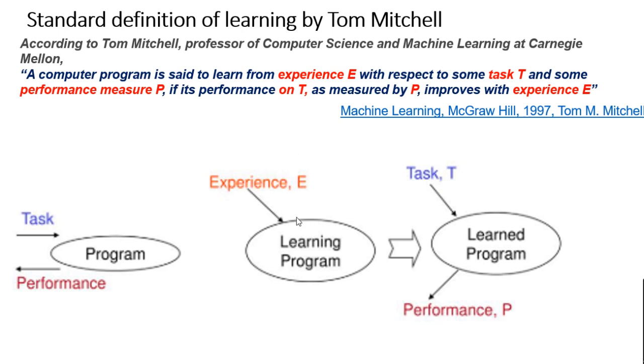So that means as the experience improves on the task T, definitely the performance P is going to improve. So that is what this says. In simple words, as the experience E improves on the task T, the performance will improve. That is in simple words.